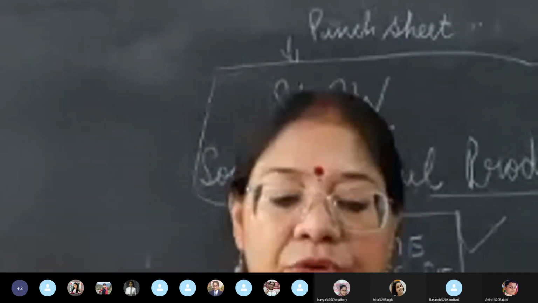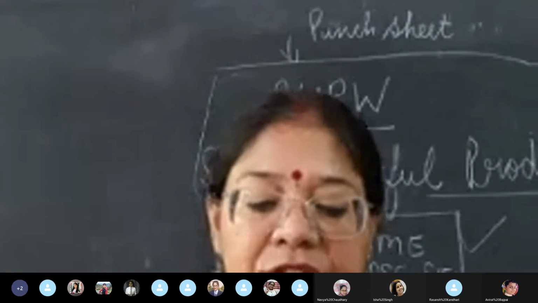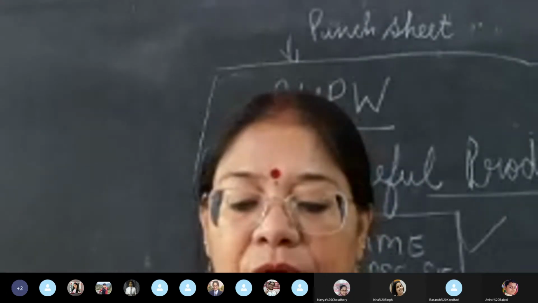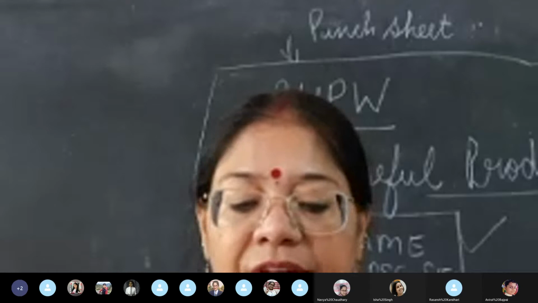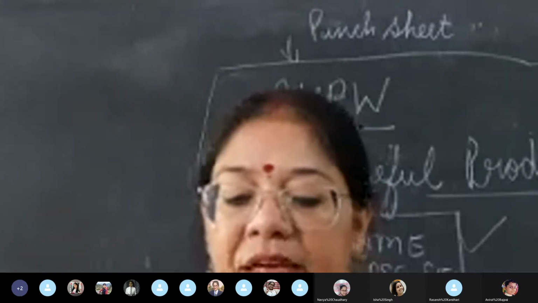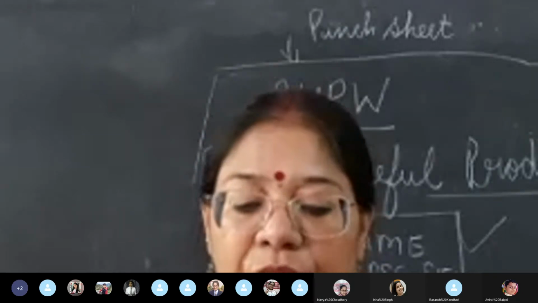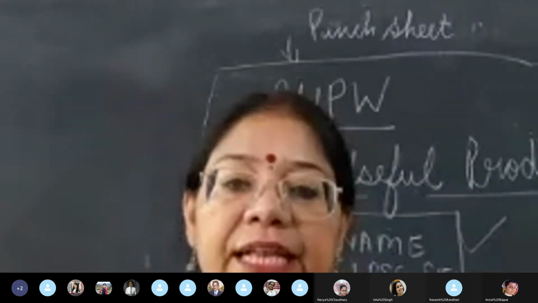Now, usually a magnetic compass is used to find the direction. It is an instrument used to find out the main direction. Its magnetic needle always points towards the north-south direction. It is also known as the mariner's compass because it is used by mariners or seamen to find the directions while sailing.